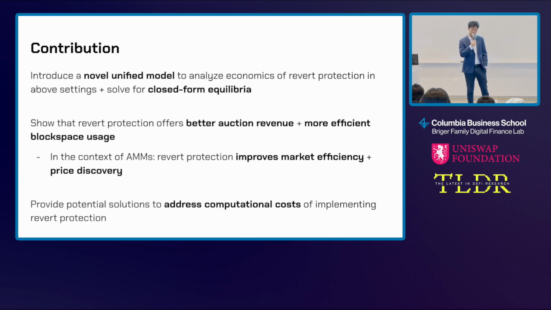Our main takeaways are that revert protection offers better auction revenue and more efficient block space usage, and in the context of automated market making, we show that revert protection can improve market efficiency and price discovery. Finally, we provide potential solutions to address the computational costs of implementing revert protection, which, as I mentioned before, has to do with having the block builders or sequencers simulate all the potential transactions to figure out which ones fail.